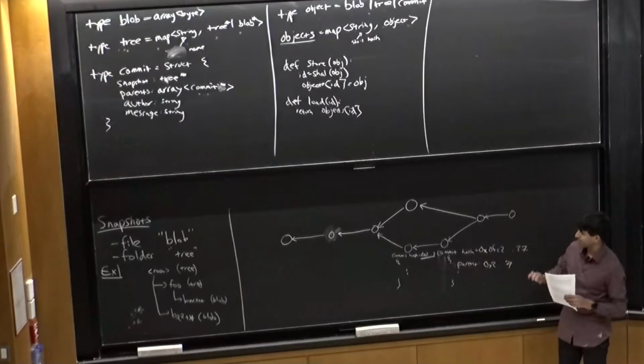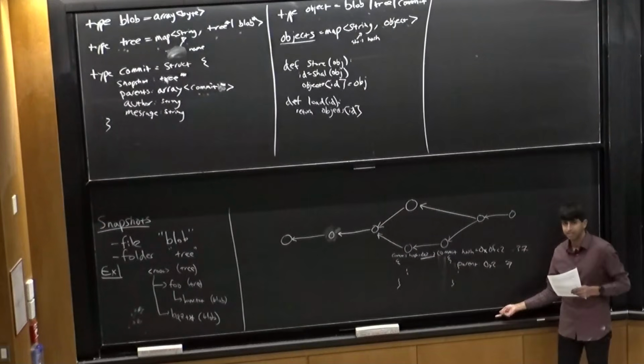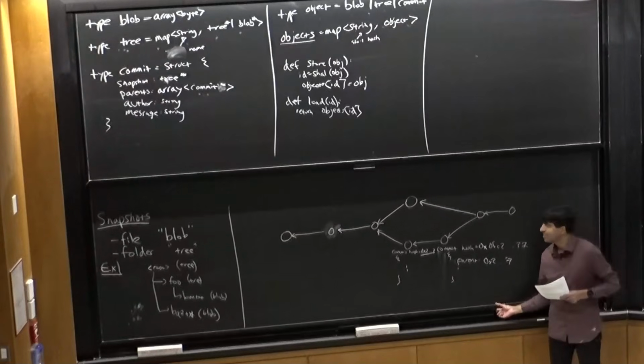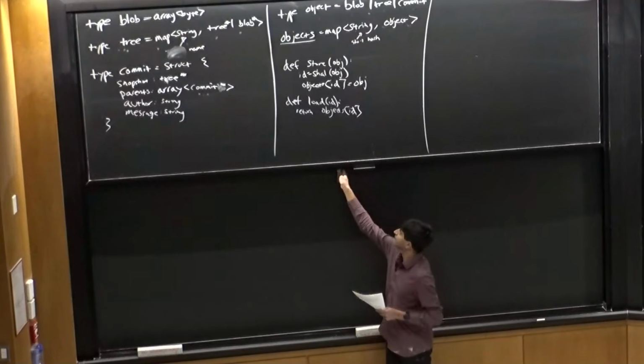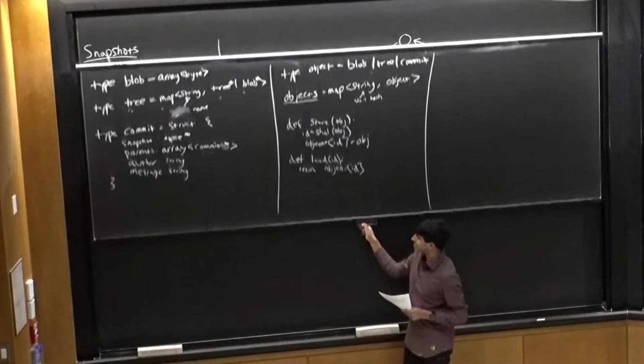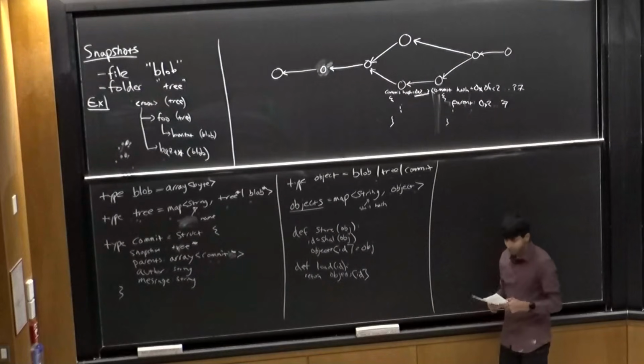So now we have our model of history, including a model of contents of the file system, and we have a way to name things by these really inconvenient 40 character long strings. So the next concept that Git introduces helps us with naming things. 40 character long hexadecimal strings are not very human readable, and you don't want to have to remember them.